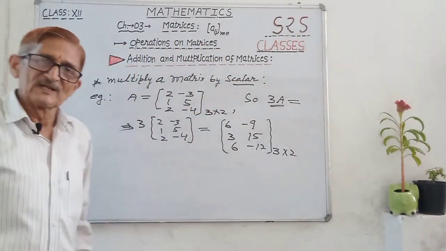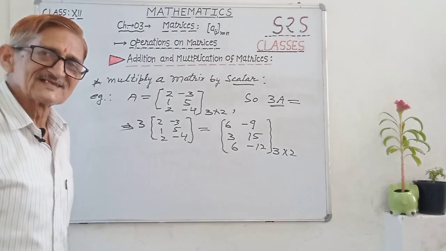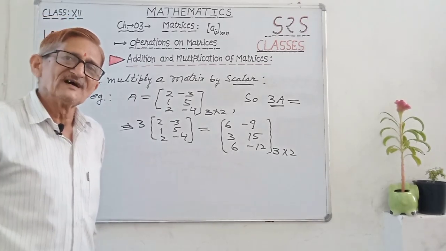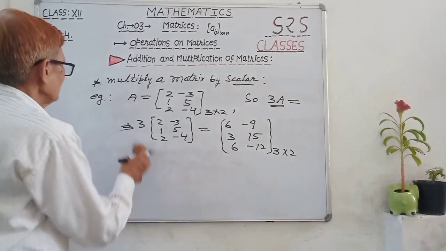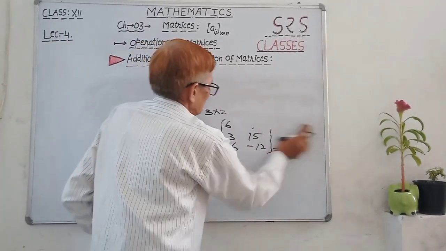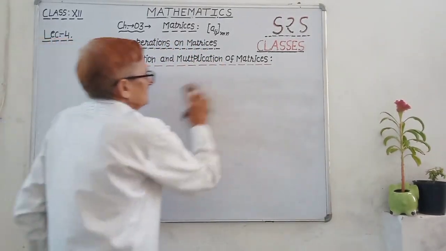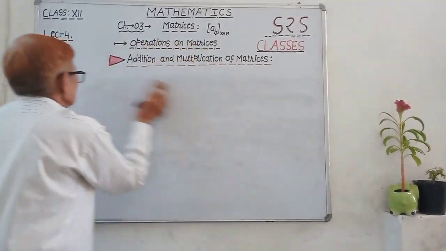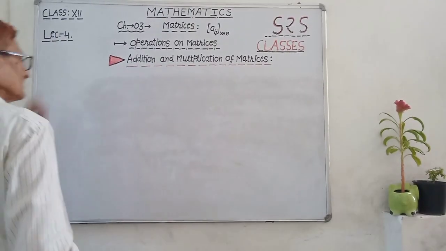Okay, so multiplication by scalar quantity, scalar number to the any matrix. Okay, this done with example. After that, addition, subtraction, clear that. Addition of 3, 2, no problem. ठीक है, you can do.